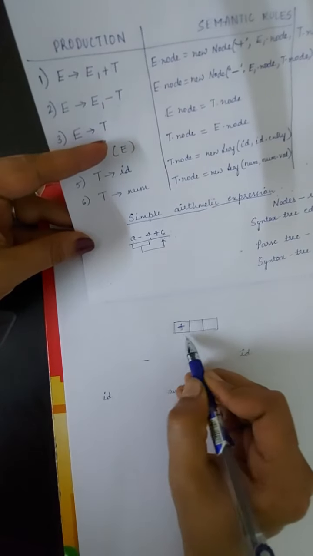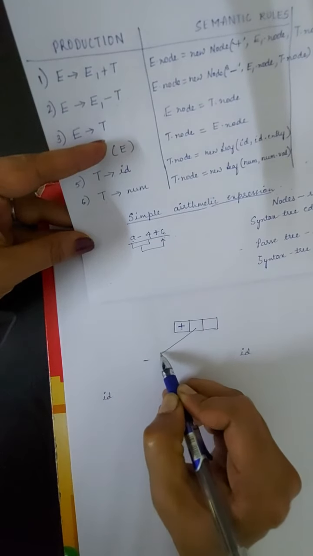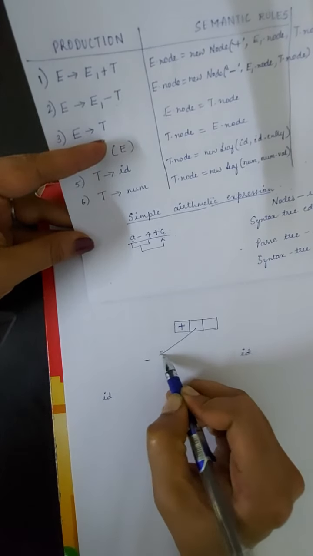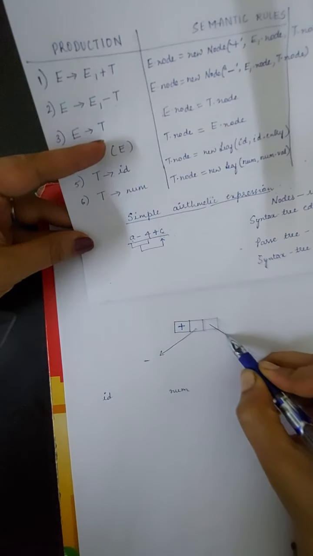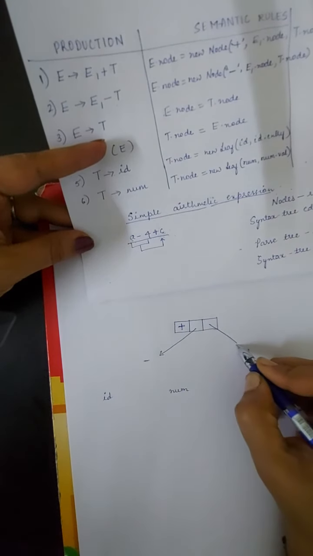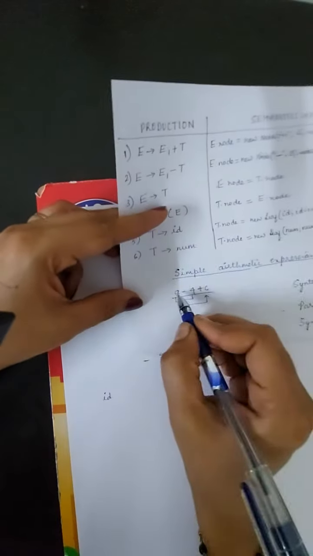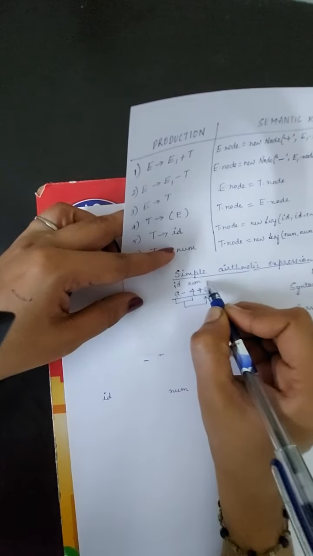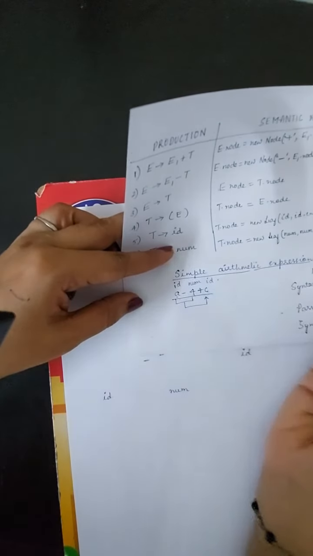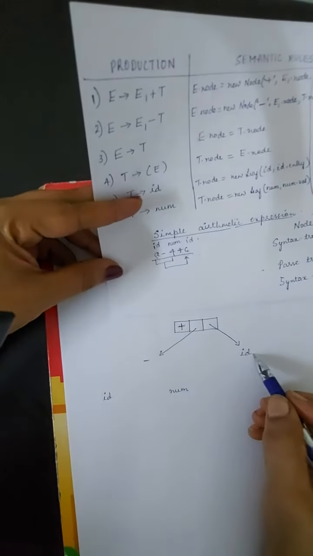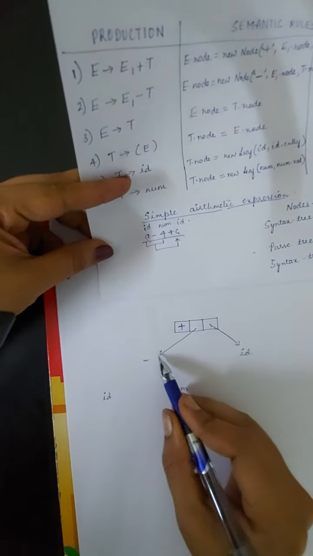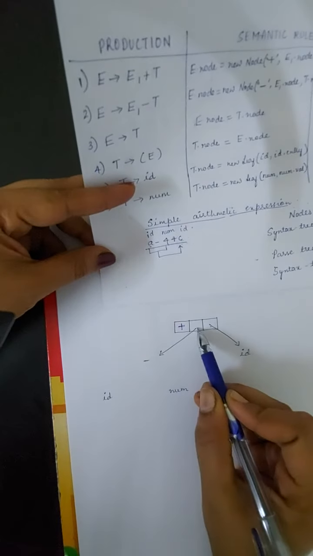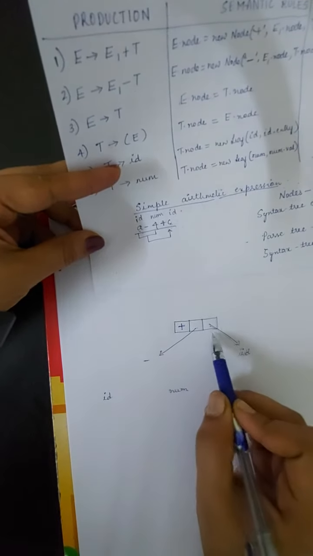Okay, so the additional fields are for this operator, and for this ID, right? Over here A is an ID, 4 is a number, C is an ID. Alright, so for this ID I have created this field, and for this operator I have created this field for this object.